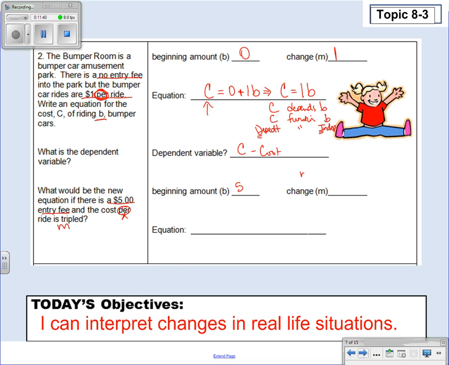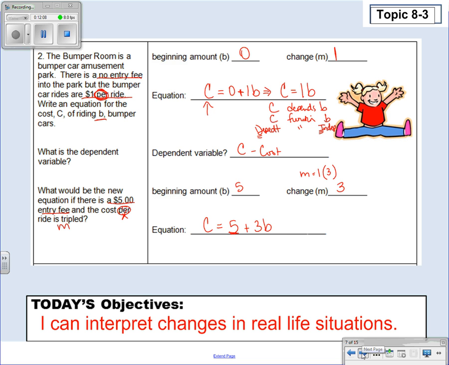So our original M was 1. It is tripled. That means we're going to multiply it by 3. So our new M is 3. Our new equation then is y equals, our output was 5. I'm sorry. Instead of y equals, it's the cost is equal to, our beginning amount is $5 flat fee plus $3 times how many bumper car rides we have.